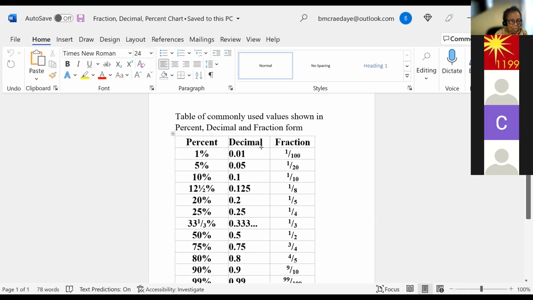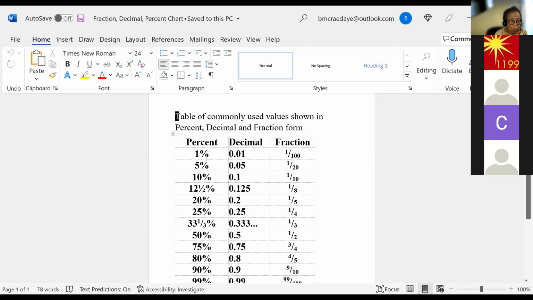And then the fraction, since the decimal said 100th, is the percent number over 100, 1 over 100. If it were 5%, you shift your decimal point, divide by 100, 5 over 100 simplifies to 1 over 20. Notice the fraction here is in its simplified form.